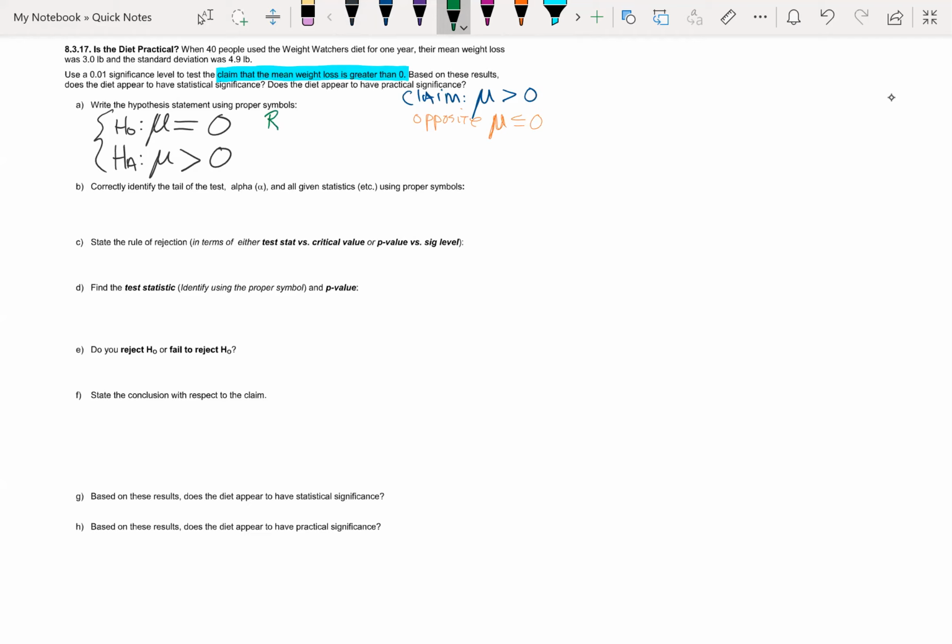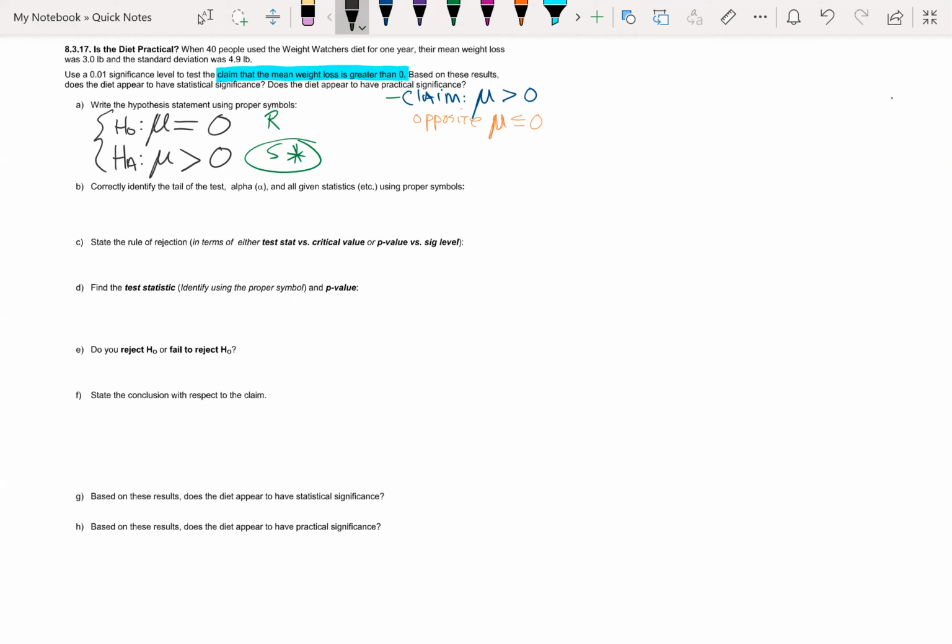And now we're going to do a little bit extra to help set up our conclusion. Put the R in the S, and it is the S that represents the claim here. So down in our conclusion, we're going to talk about whether or not we can support the claim that the mean weight loss is greater than 0.